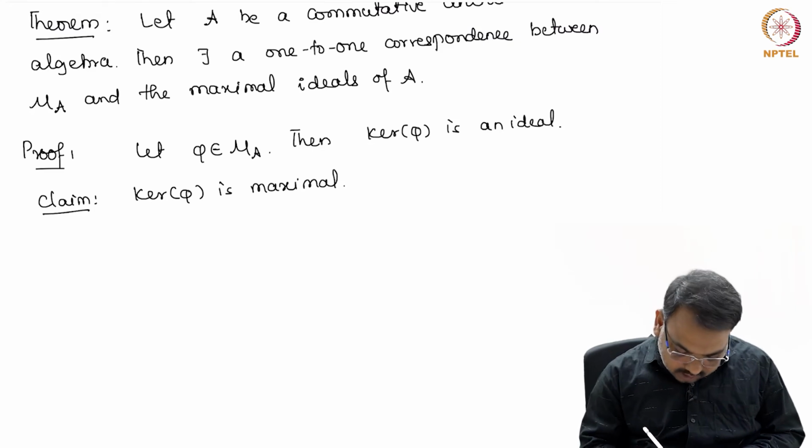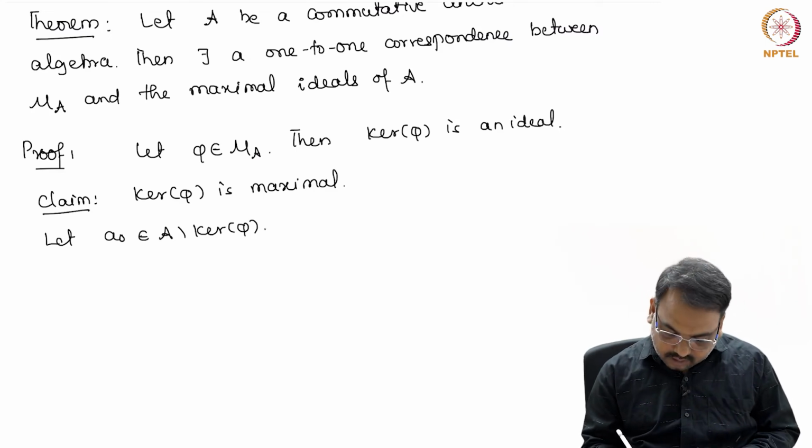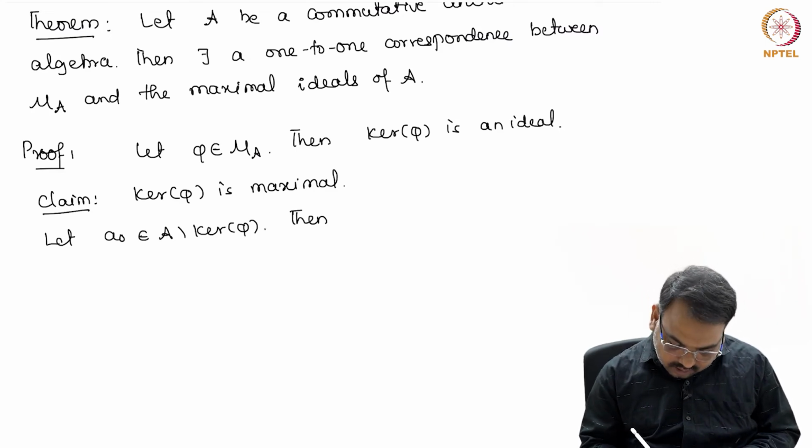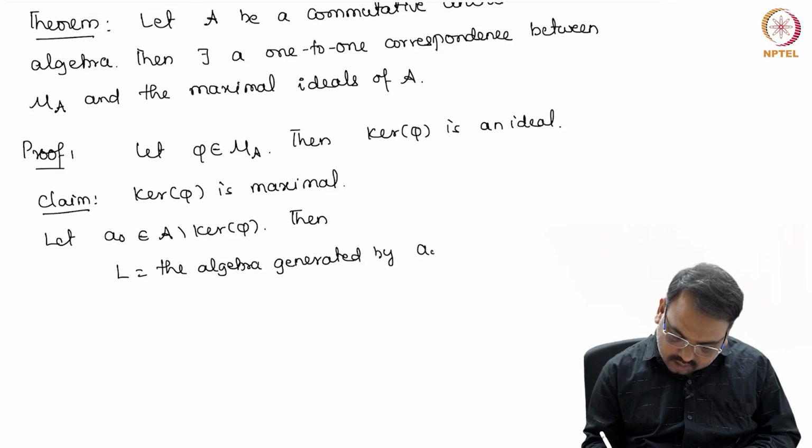Let us take an element a naught in A minus kernel phi. Then look at the algebra L generated by a naught and kernel phi.